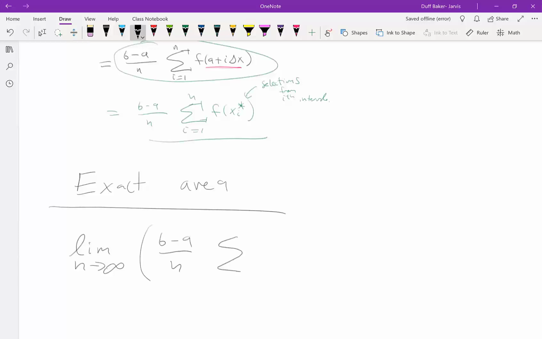So you've got all these sort of complicated operations now mixed in with each other. But you got to live with that. It's the way it works. So this will be our exact area.